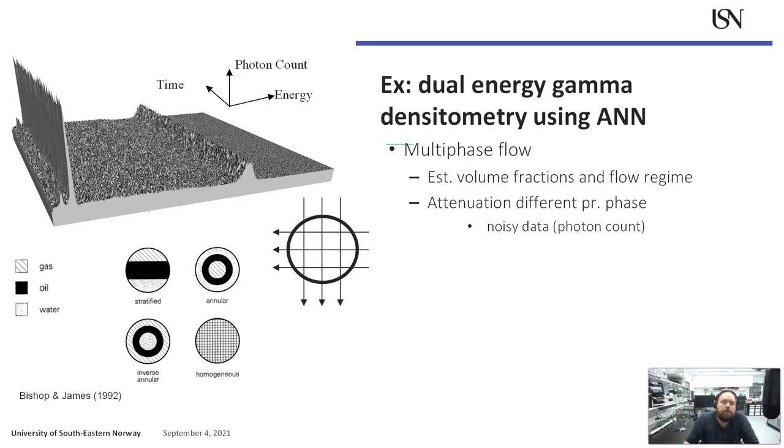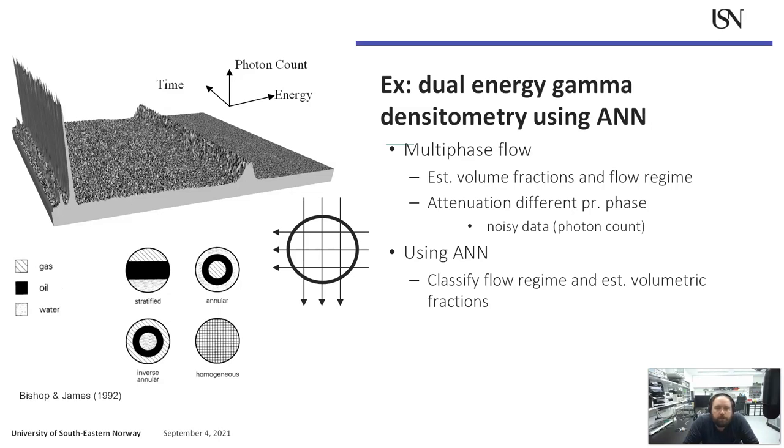And then we use machine learning to learn the knowledge that it takes to estimate volumetric fractions from photon counts. There has been some interesting work almost 30 years ago already on using neural networks to figure out volumetric fractions from this gamma densitometry spectra.